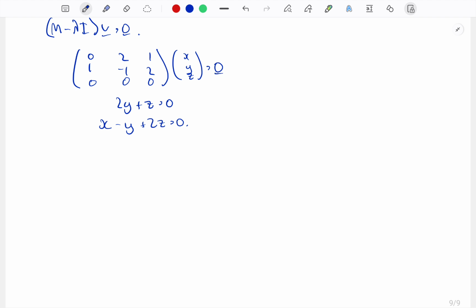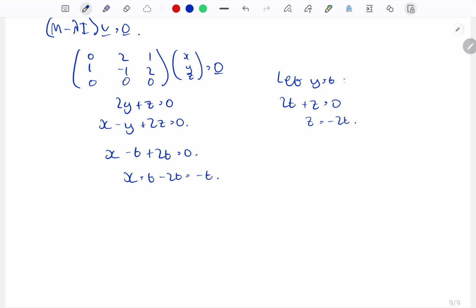So if we set y equal to t, 2t plus z equals 0, z equals minus 2t. So x take away t, add 2t equals 0, x equals t take away 2t, which is minus t.